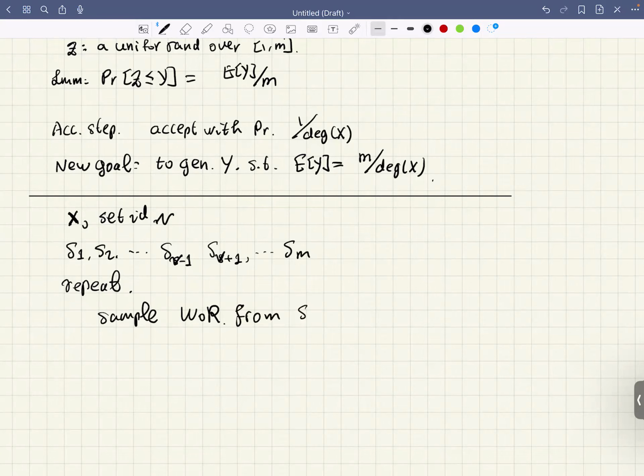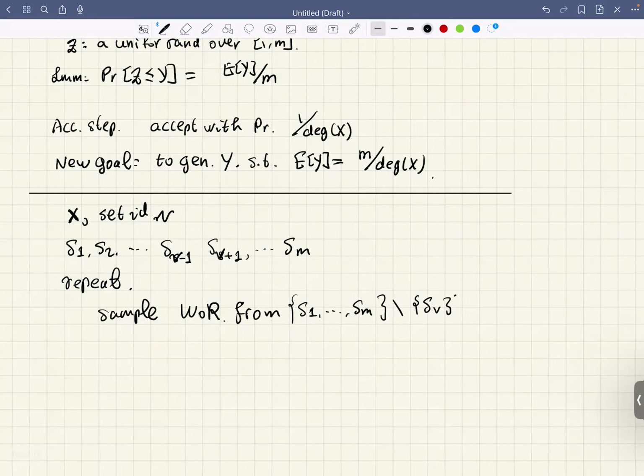this set, from S1 to Sm, except this SV. You don't care about this SV now. You sample without replacement from it until you get some set, let's call it T, until T contains this X. And then what will be the random variable Y?